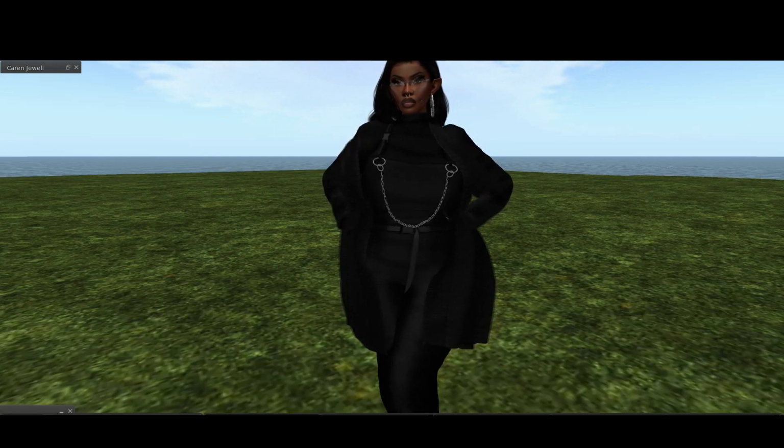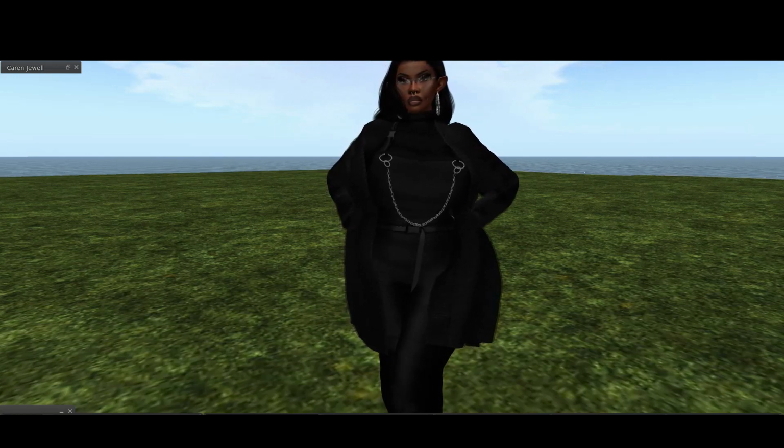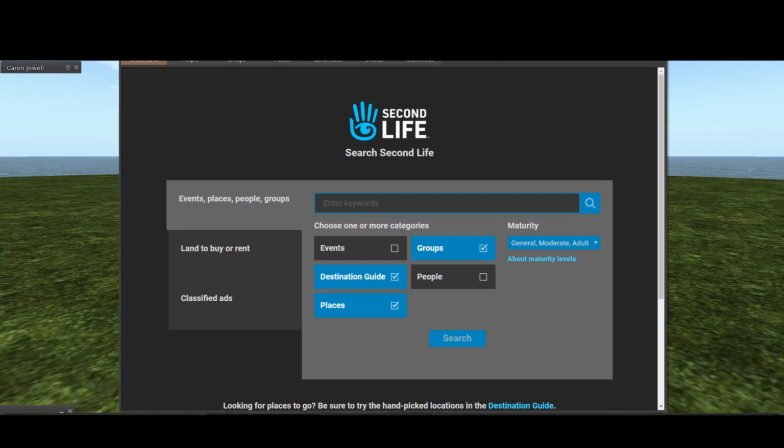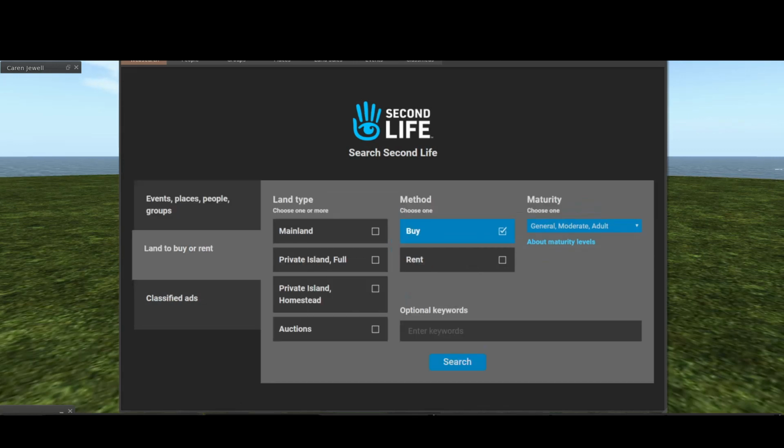If you're on Firestorm, you're just going to click in the box, and then you're just going to click your enter, and then you're going to see that we have a couple of designations here. One of them being land to buy or rent. We are going to click rent, and we are going to click mainland, private island, and private homestead. If you are open to all of those, you click the designation that you are looking for, and all of those choices are going to come up, at least the ones that are listed and available.